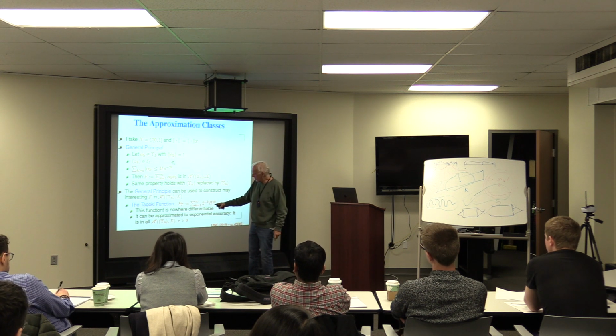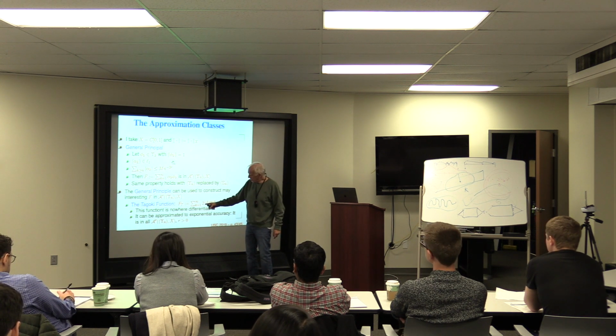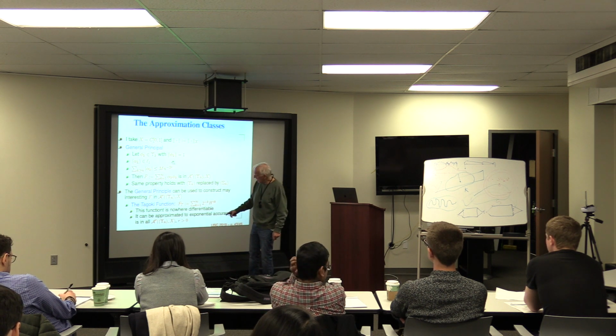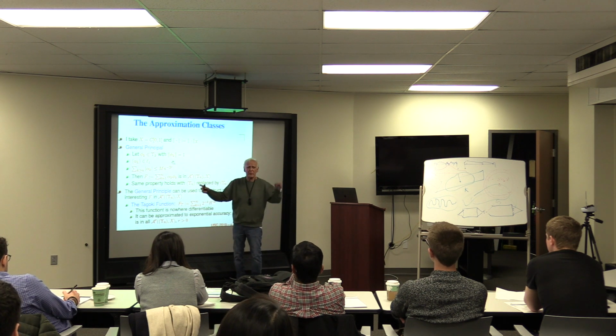Now, this function is to take that hat function that I had, the sawtooth guy, and put coefficients 2 to the minus k in front. Then this function will be approximated by elements of upsilon n to exponential accuracy.